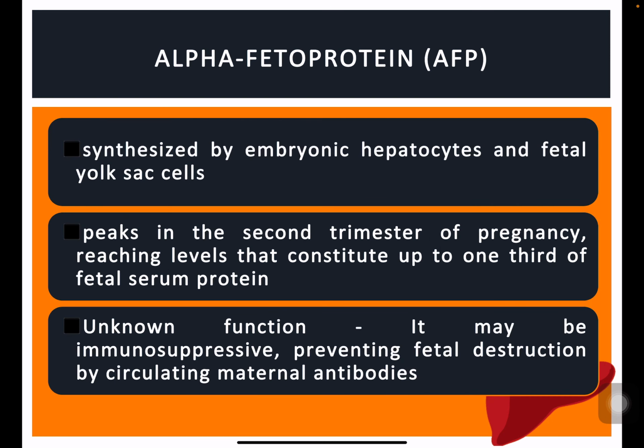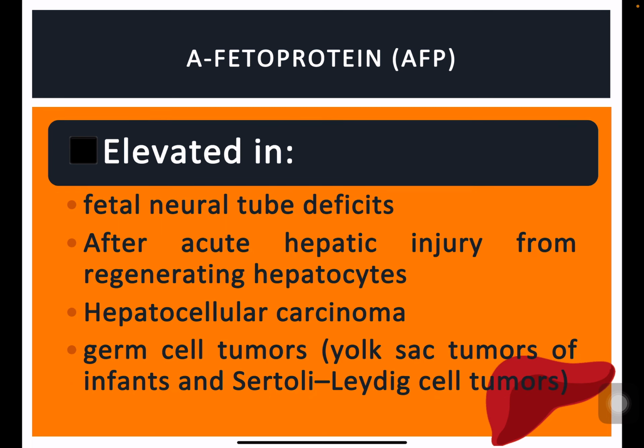Alpha fetoprotein or AFP is synthesized by embryonic hepatocytes and fetal yolk sac cells. So it peaks in the second trimester of pregnancy, reaching levels that constitute up to 1/3 of the fetal serum protein. It has an unknown function, but it may be immunosuppressive, preventing fetal destruction by the circulating maternal antibodies.